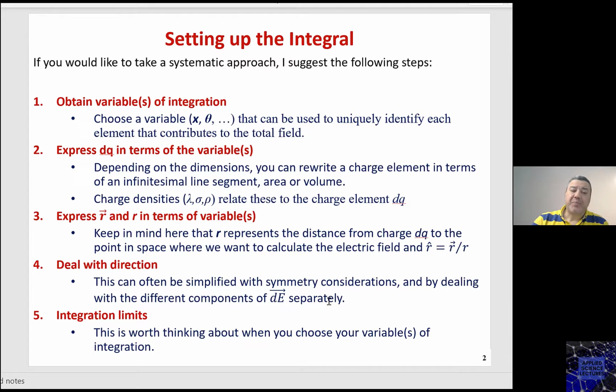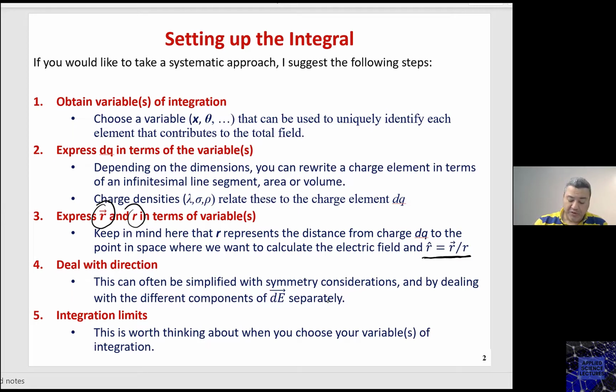Then the third step is to express the r vector and also the magnitude of this vector in terms of my variable. Don't forget that r hat in my equation is the r vector divided by its magnitude.